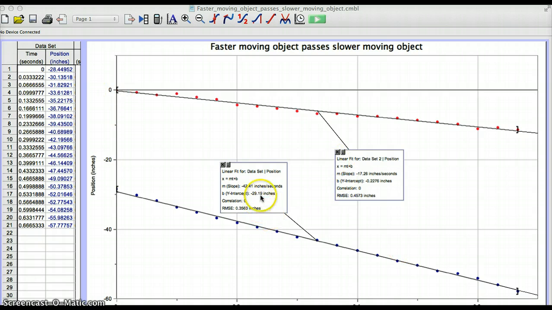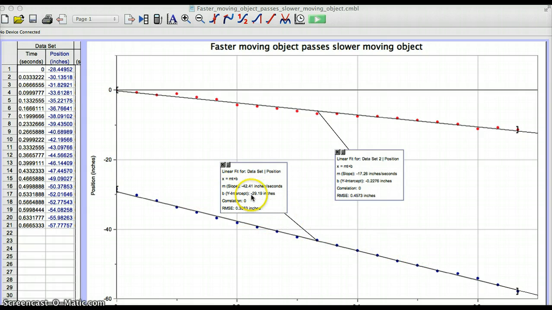And then this one is a faster object because, as you can see, the slope is negative 42.41 inches per second. So this means it's more than double, because this one goes 42 inches in 1 second, while this one only goes 17, and it passes it up.